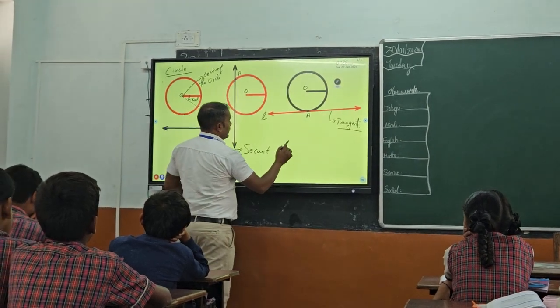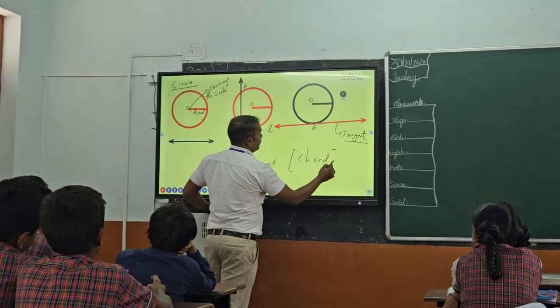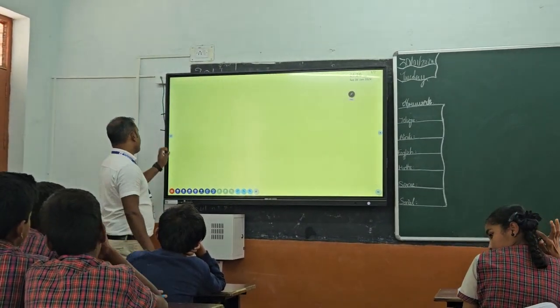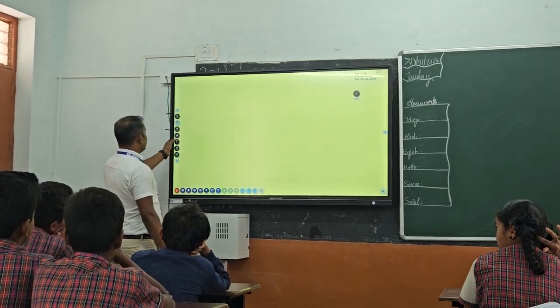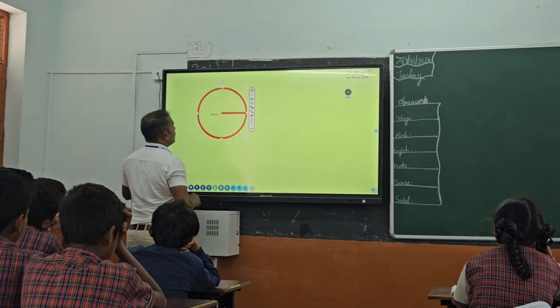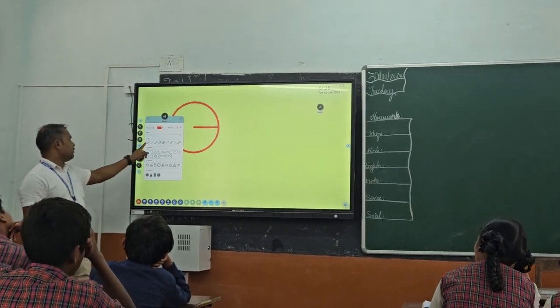So can anyone tell what then is a chord? What is the meaning of a chord? Can you explain a chord? A line which intersects a circle in two points. Not a line, I'm asking about a chord.